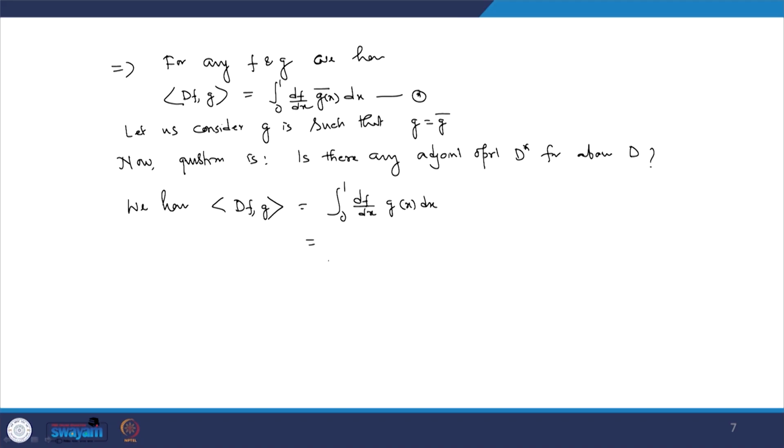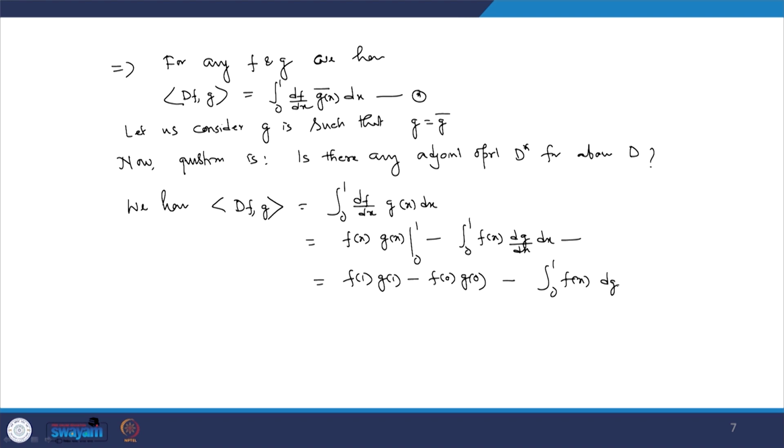When I use integration by parts, this gives me f of x g of x from 0 to 1 minus the integral from 0 to 1 of f of x dg by dx dx. So, this implies I will have f1 g1 minus f0 g0 minus the integral from 0 to 1 of f of x dg by dx dx.